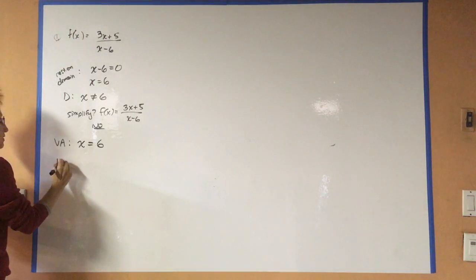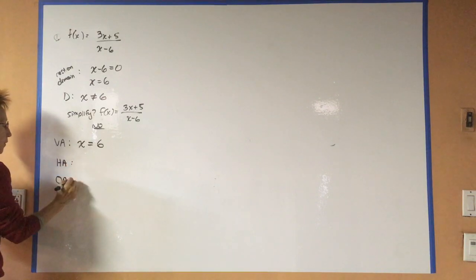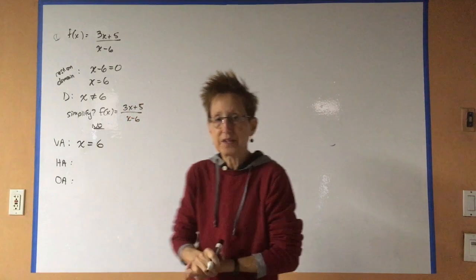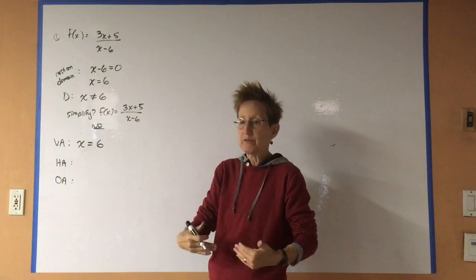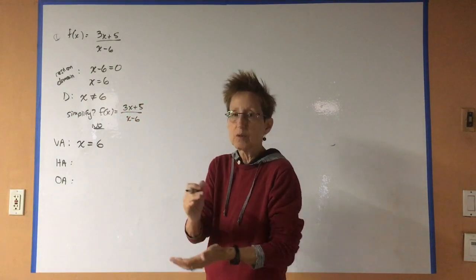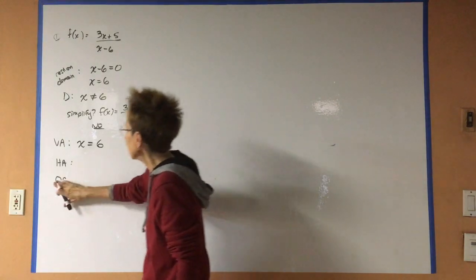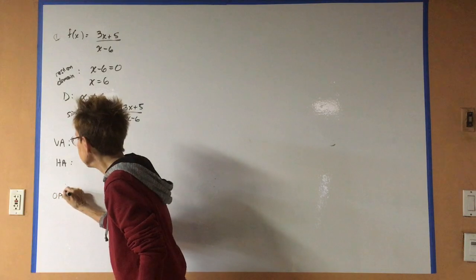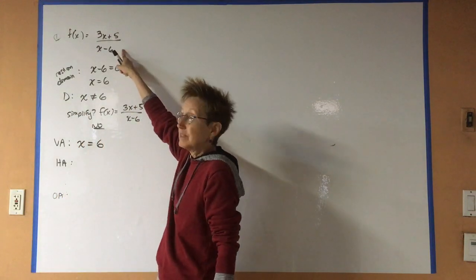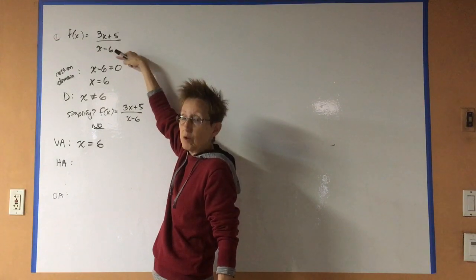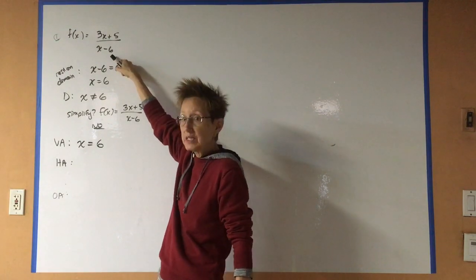So now the next question is, is there an OA or an HA? There's not going to be both. It's one or the other, because remember they come from 3 different scenarios: higher over lower, lower over higher, or same over same. So what do I have going on here? What do I have in terms of degrees? Linear, linear, same over same. So these are same degrees.